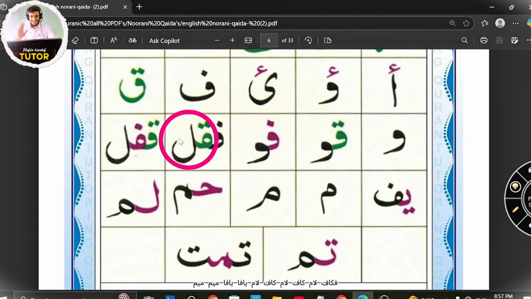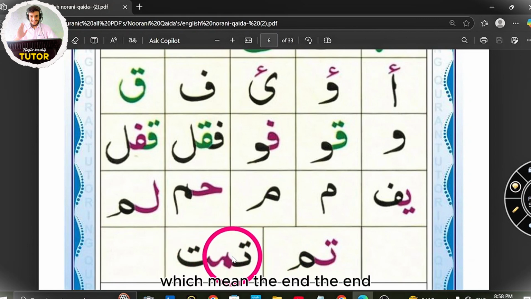Fa, lam. Ya, fa. Mim. Ha, mim. Lam, mim. Ta, mim. Ta, which means tammat bil khair.